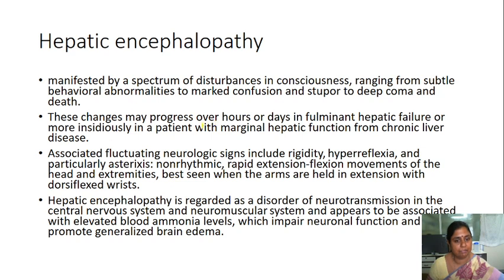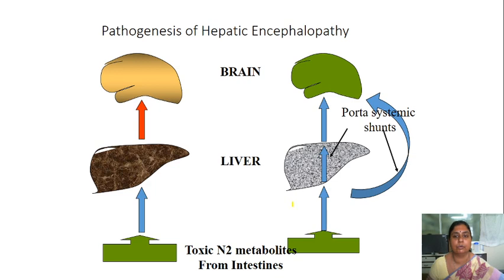But in hepatic failure, this ammonia will reach the blood. Normally, we have a tight junction, a blood-brain barrier, and this ammonia will not reach the brain. But in cases of hepatic encephalopathy, it gets access into the brain. That is the reason for hepatic encephalopathy.